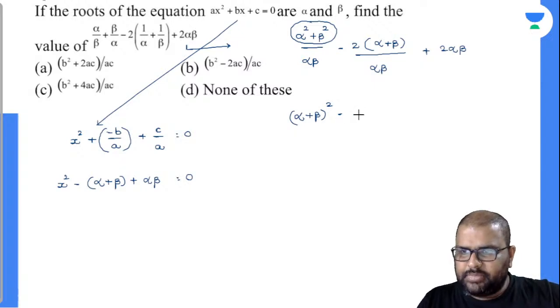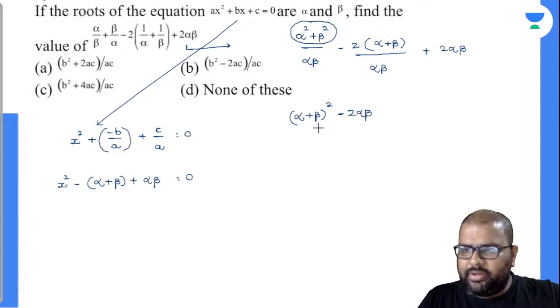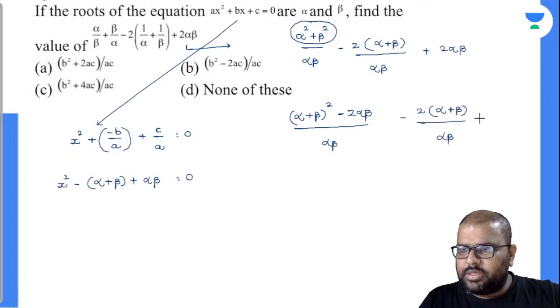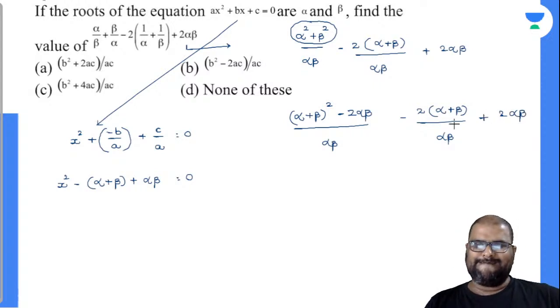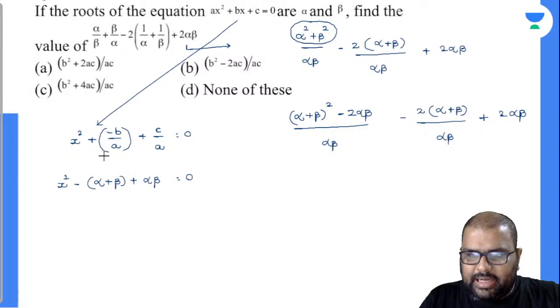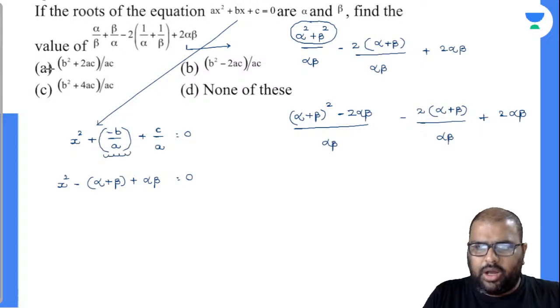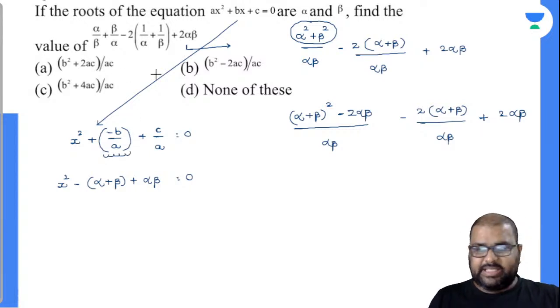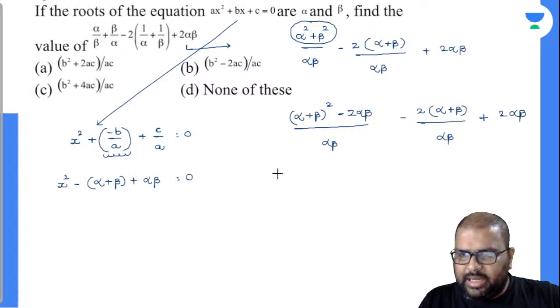Yes, minus 2 alpha beta, that will be your original numerator, divided by alpha beta, minus 2 into alpha beta, alpha plus beta divided by alpha beta, plus 2 into alpha beta. Hope it is clear. Now in the place of alpha plus beta, can I write down minus b by a? So all my options are in the format of a, b, c, right?